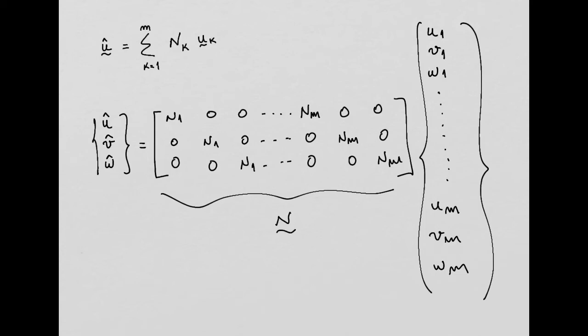Instead of writing this matrix every time, we are going to use this N with this underscore there because it is a matrix. And this matrix depends again on the finite element that you are using in your analysis.